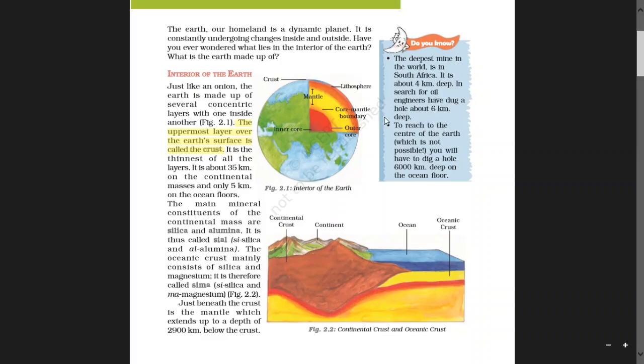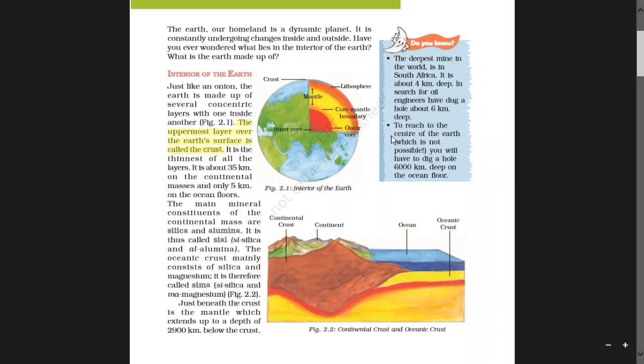So the deepest mine in the world is in South Africa, about 4 kilometers deep.